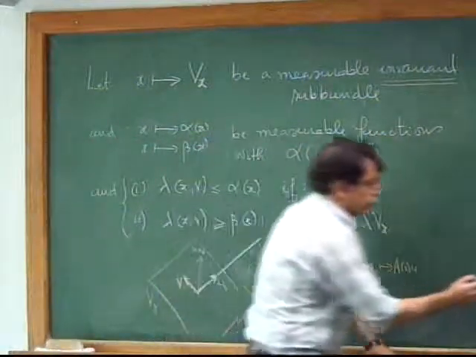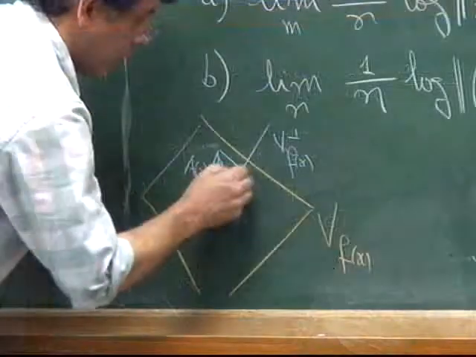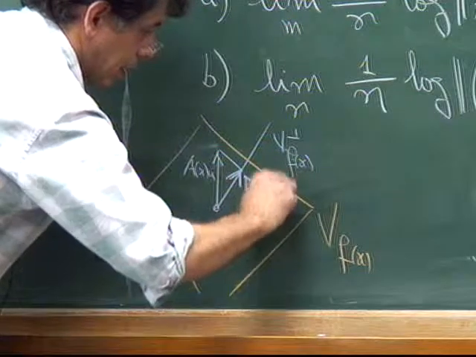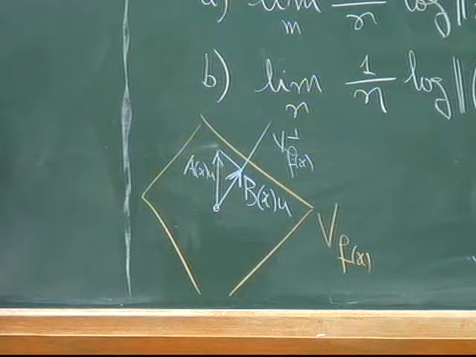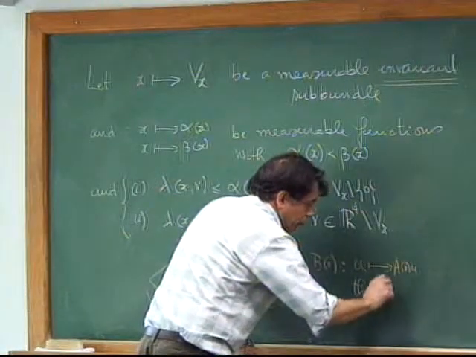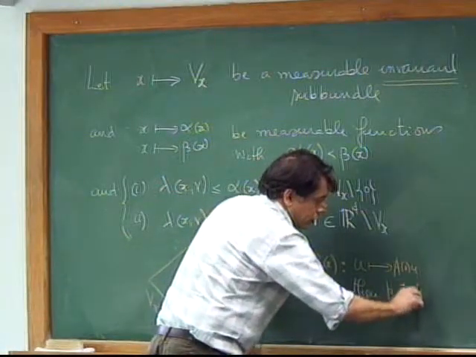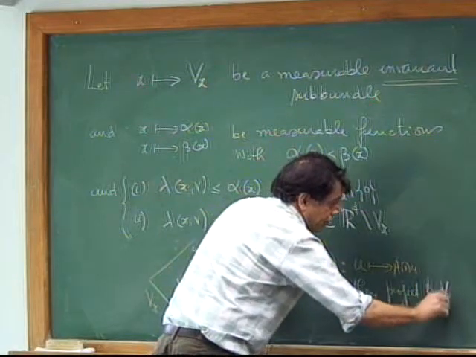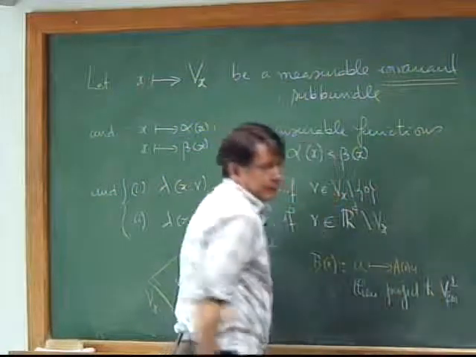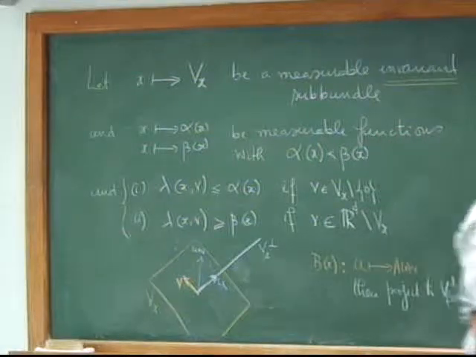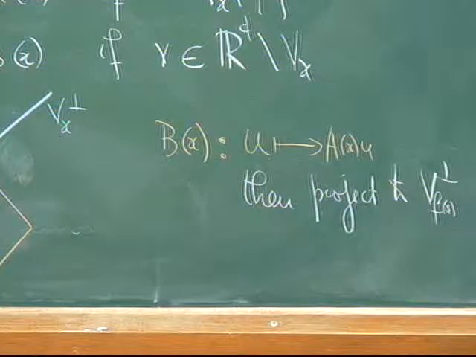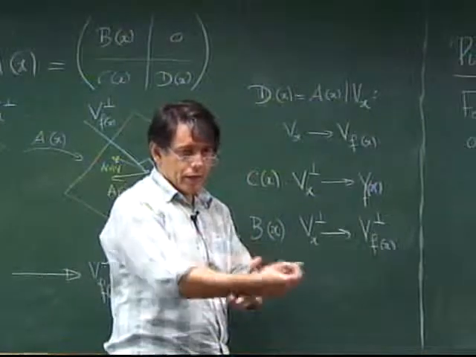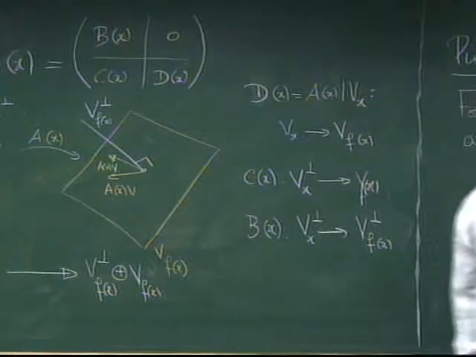But then you project this to the orthogonal, and that's what B means. So first you iterate by A, then project to Vf of x orthogonal. B of x is a linear map from the orthogonal to the orthogonal. What is the definition? First you apply A, and then you project to the orthogonal.